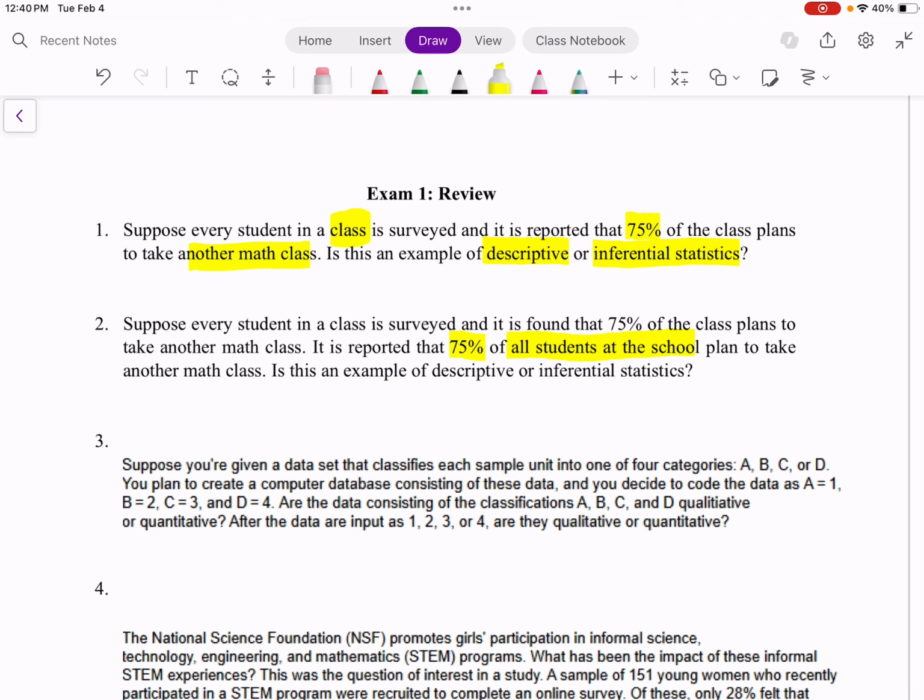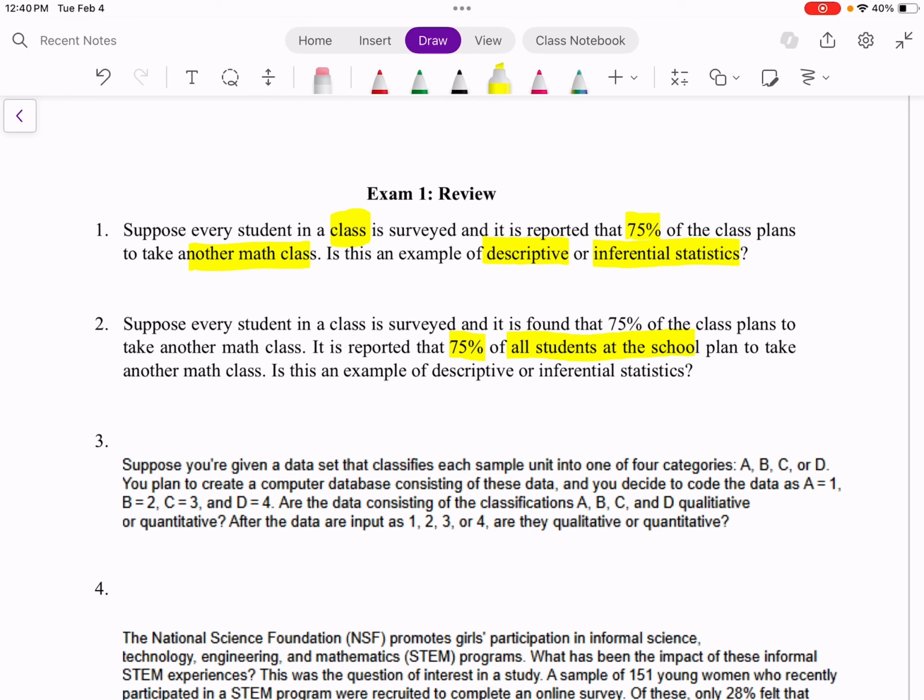The first one doesn't say anything about the whole population, so it would be the sample. So number 1 is only about the sample. Does it tell us anything about the population? The population is the students at the school.